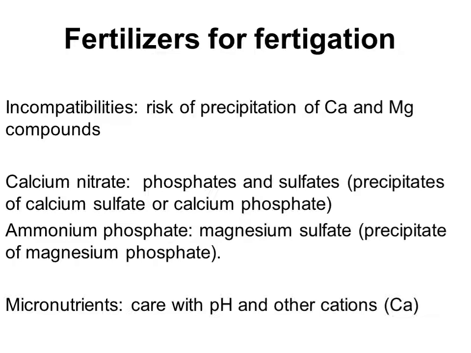For instance, calcium nitrate will be incompatible with phosphates and sulfates because precipitates of calcium sulfate or calcium phosphate will form. The same occurs with ammonium phosphate when combined with magnesium sulfate, because then we will have magnesium phosphate that will precipitate.